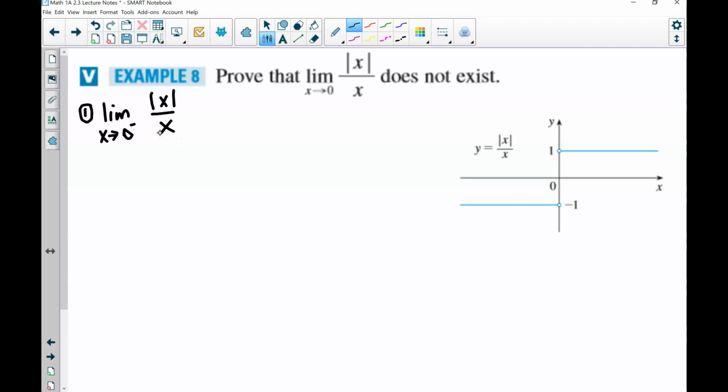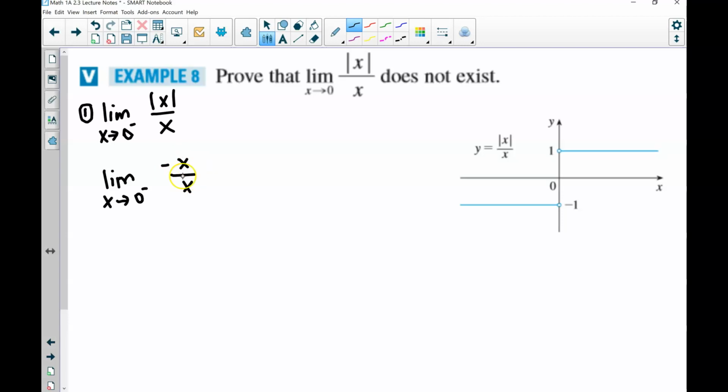By definition, and from our previous example, the absolute value of x when you're looking at the limit from the left is going to be negative x over x.